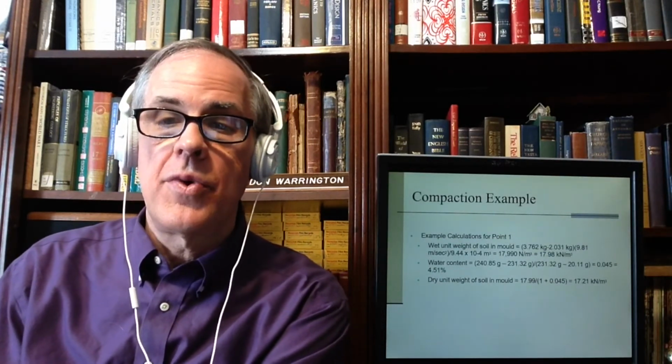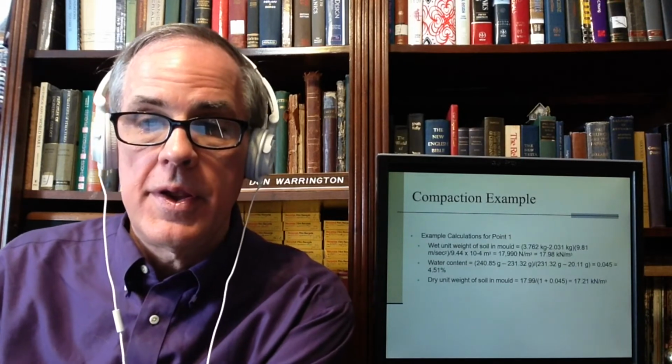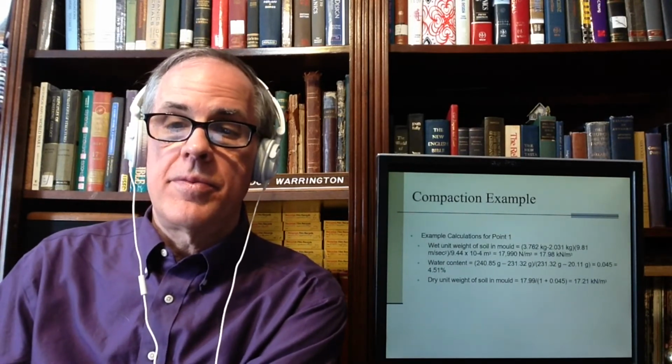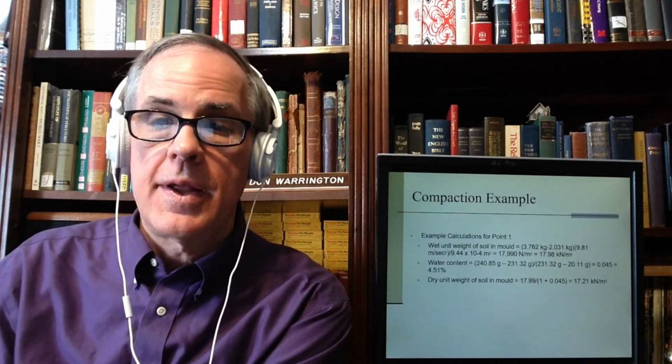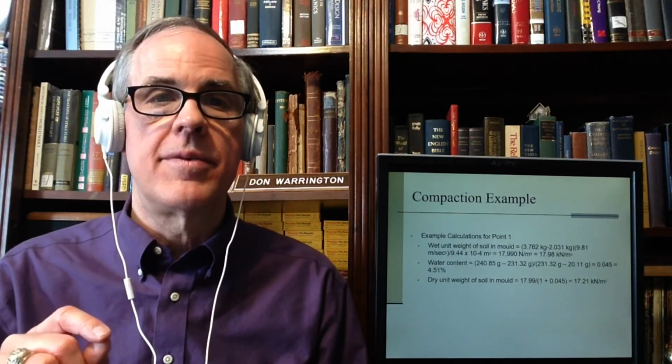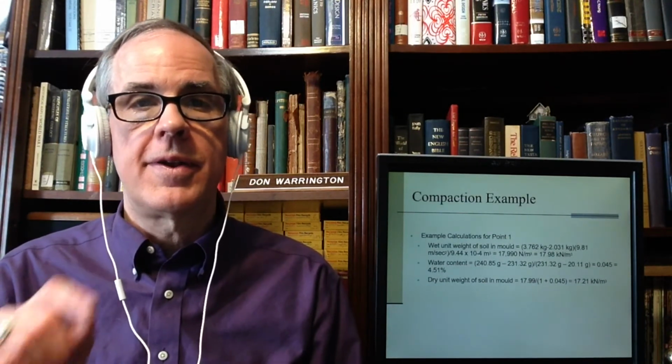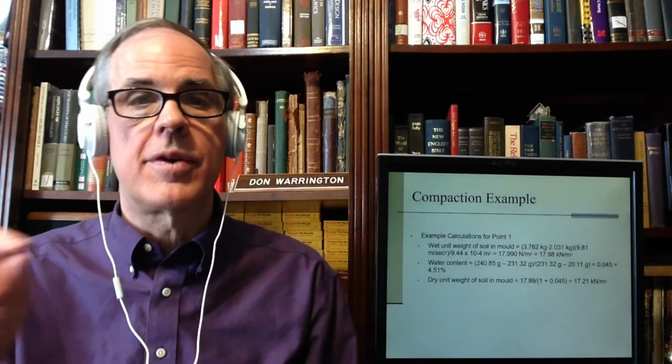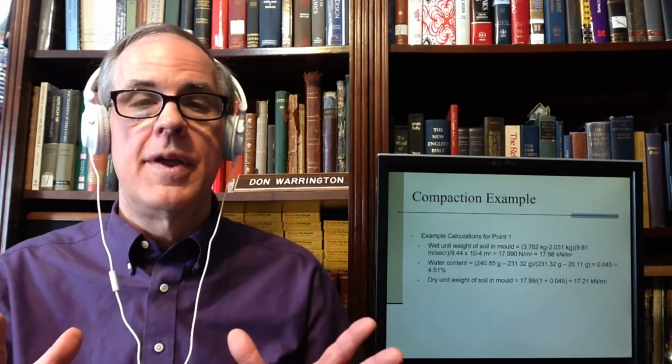The dry unit weight of the soil in the mold is basically found by starting with the wet unit weight over 1 plus the water content, and you get 17.21. That's how I get that dry unit weight, by taking the wet unit weight and computing the water content from the little sample.